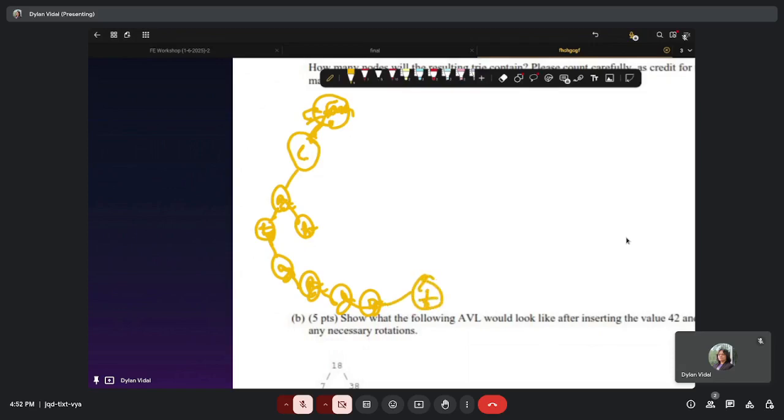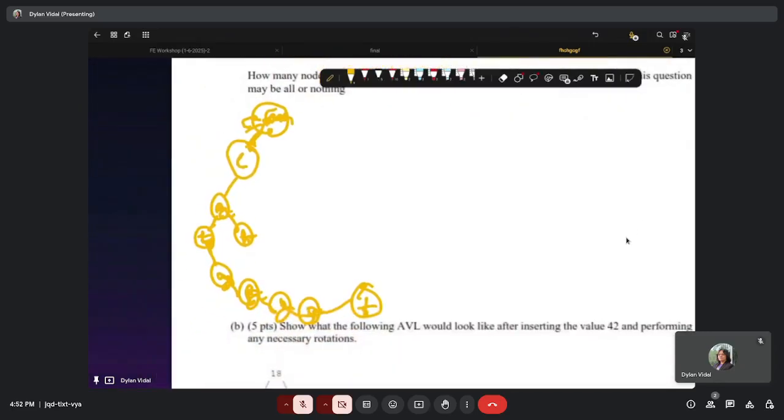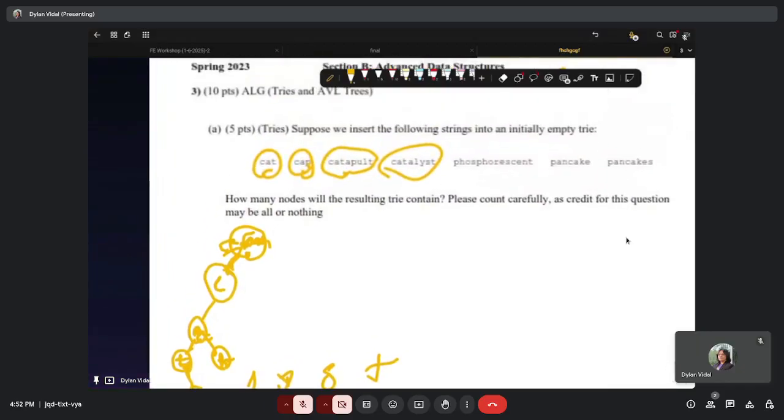Okay. Well, we're going to thug through this. Catapult, catalyst. So C-A-T-A-L-Y-S-T. Sort of writing the nodes.